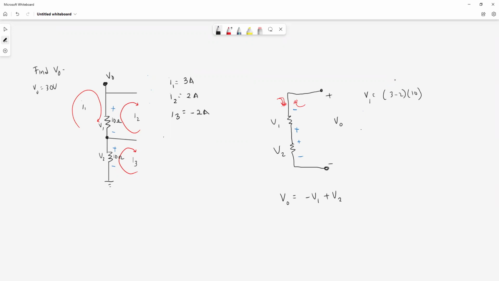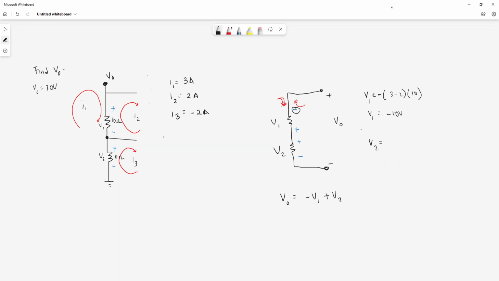As you can see, it's entering the negative terminal, so this should be negative. So your V1 is negative 10 volt.